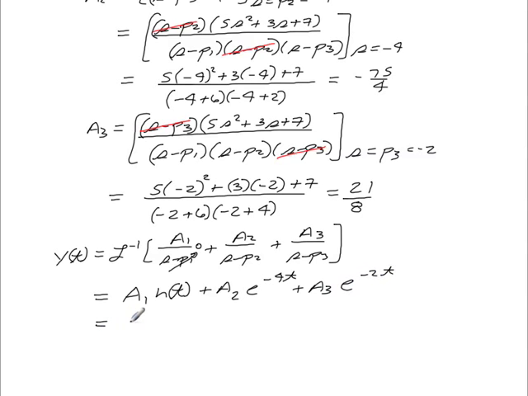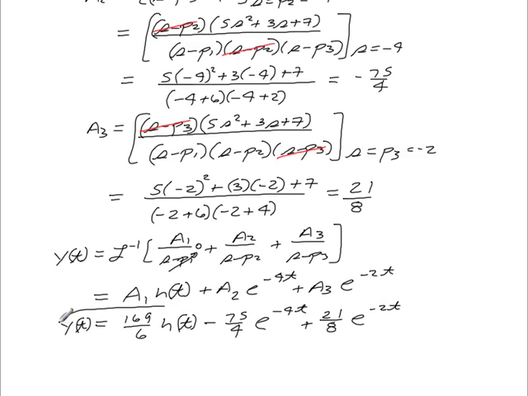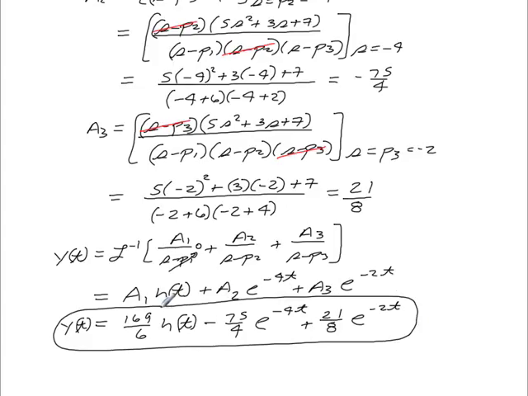For A1, we found that was 169 over 6 h(t), plus A2. A2 was negative, so let me change that plus to a minus: 75 over 4 e to the minus 4t, and A3 was 21 over 8 e to the minus 2t. So this, without even knowing from what system our Laplace transform variable Y came from, is the response.